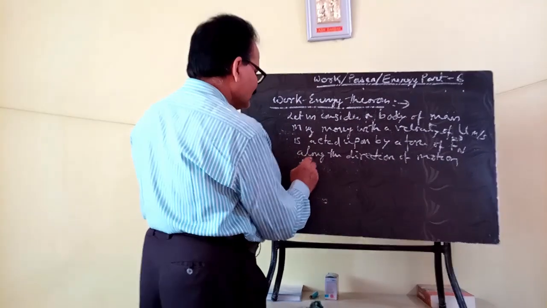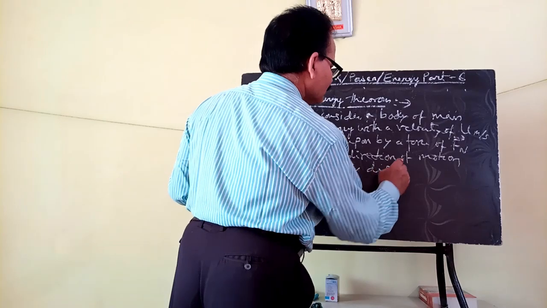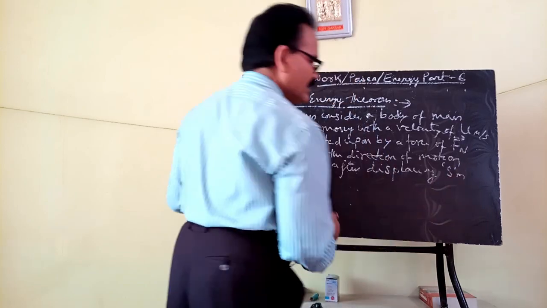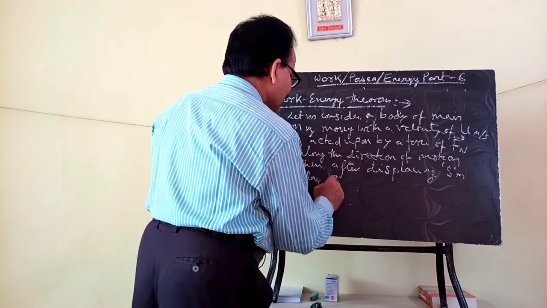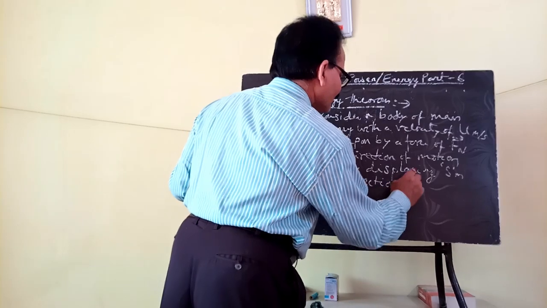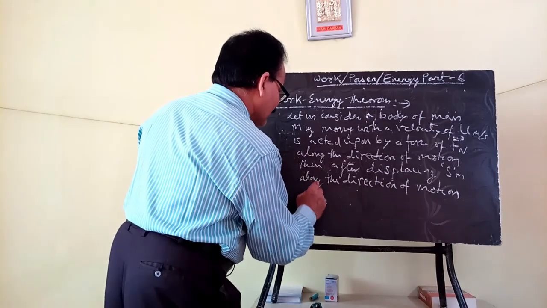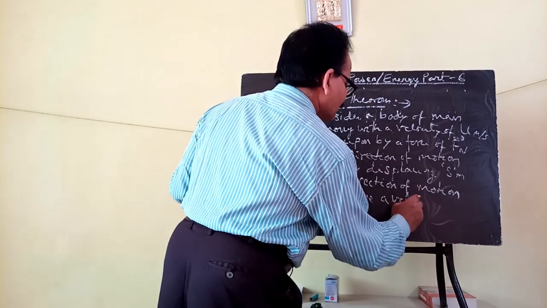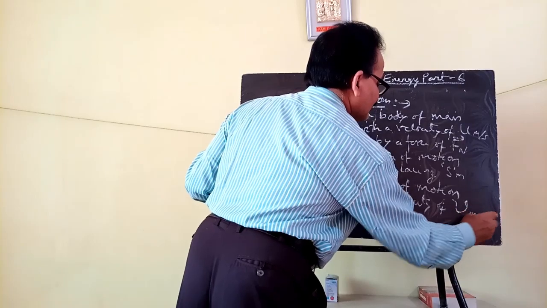Okay, then after displacing S meter along the direction of motion, say it acquires a velocity of v meter per second.